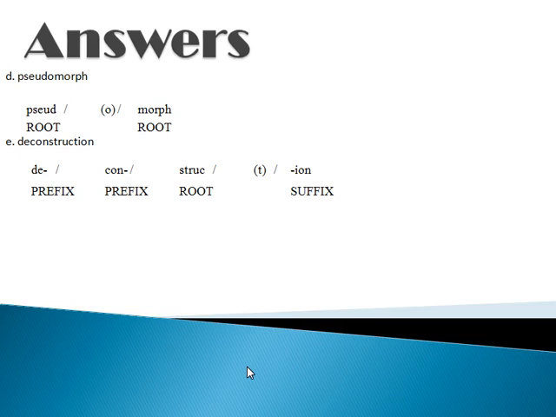Is there any other word that begins with pseud but not with the O? Pseudonym, yeah. And then the O is there. Most of the words beginning with pseud have the O.